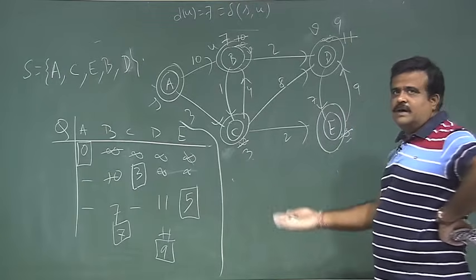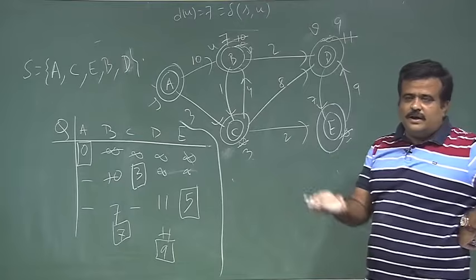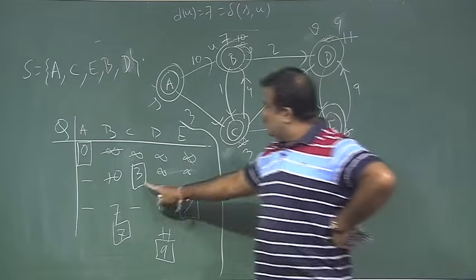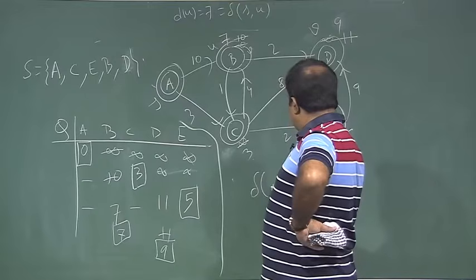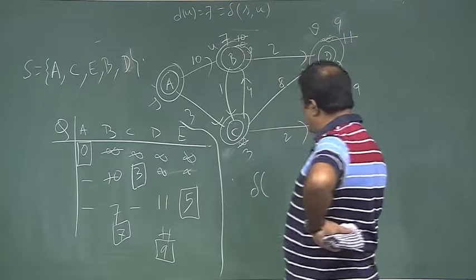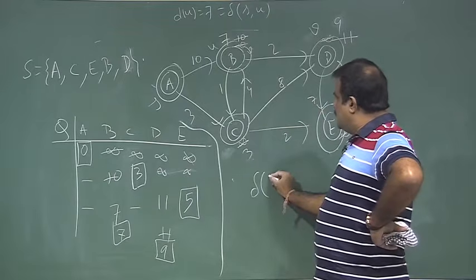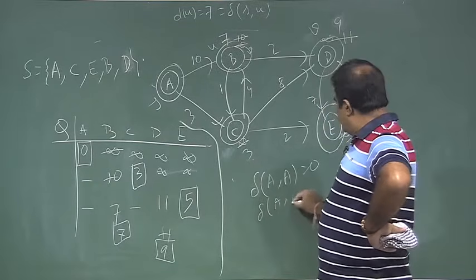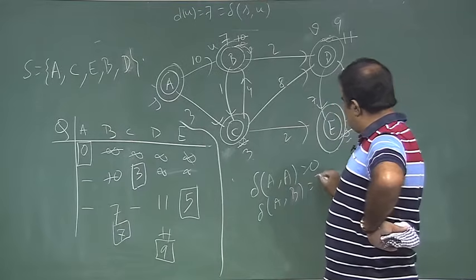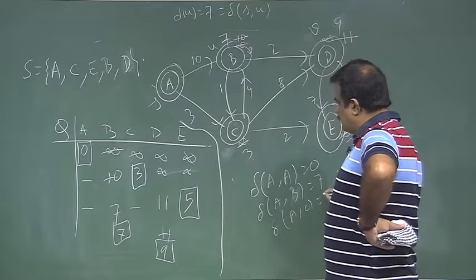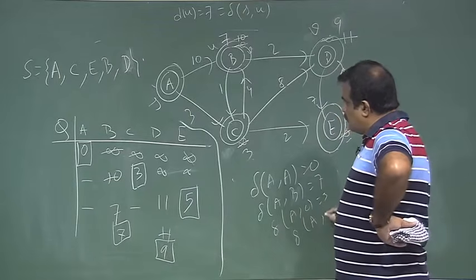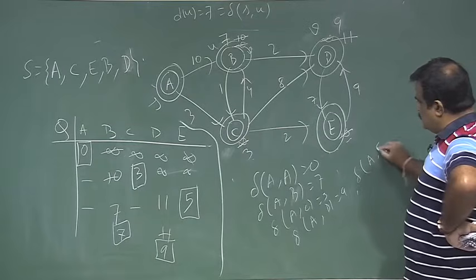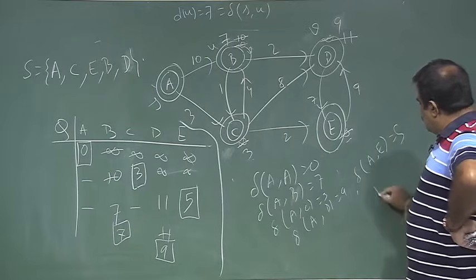This Q is empty now, because all the vertices have been deleted from this priority queue Q and have been captured in S. So now these are basically the deltas. The delta of this box gives us: delta of S comma S is 0, delta of S comma B is 7, delta of S comma C is 3, delta of S comma D is 9, and delta of S comma E is 5.